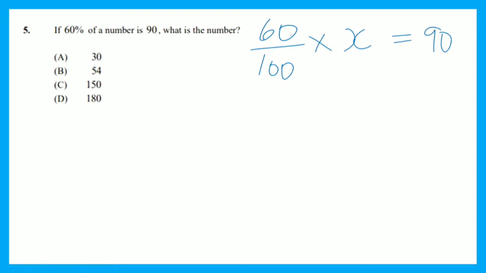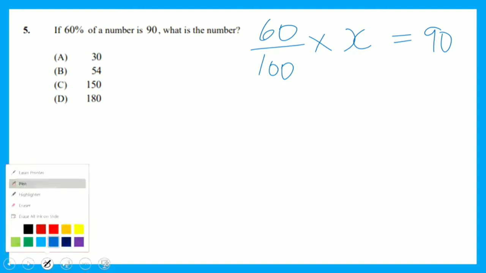60%, 60 over 100, of, multiplying a number, X, because we don't know it, and you can use any letter, is an equal sign, 90. And then from there we work until we find the value of X. All right, let me just change my ink a little bit.